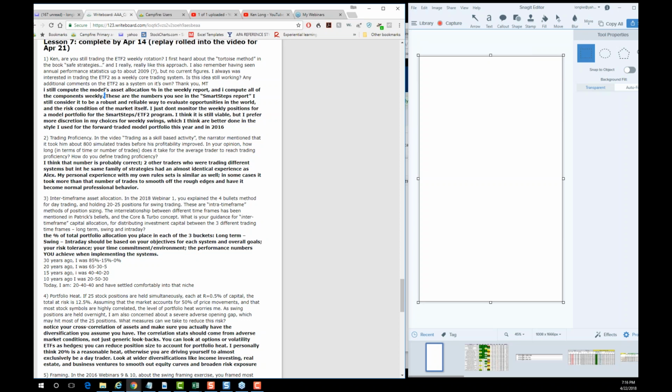In the same way that there is a core and turbo between swing trading and day trading, there's also a core and turbo between that longer term position trading and swing trading. So you can take a look at things that are in the blended monthly rebalancing, for example. And those candidates that are really dominating week after week, month after month, well, it stands to reason that there's a swing trade in there somewhere.